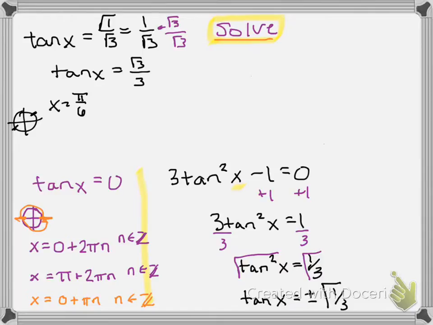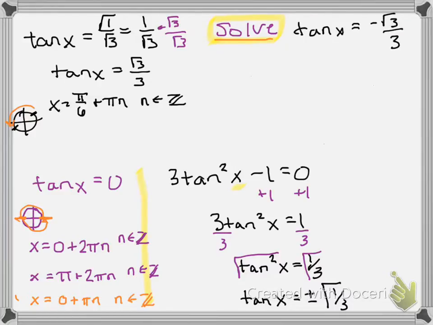So I could do the two solutions and add my 2 pi n, or I could realize, like we did down here in orange, that these are really just pi apart. And so I'm going to use that and just say plus pi n, where n is an element of the integers.